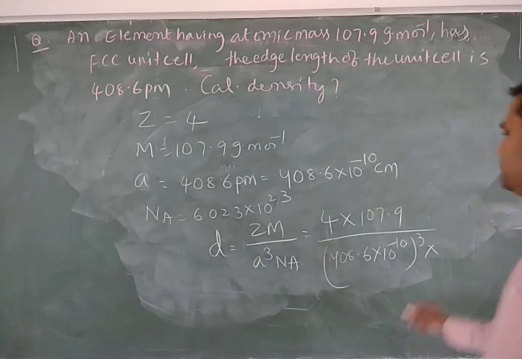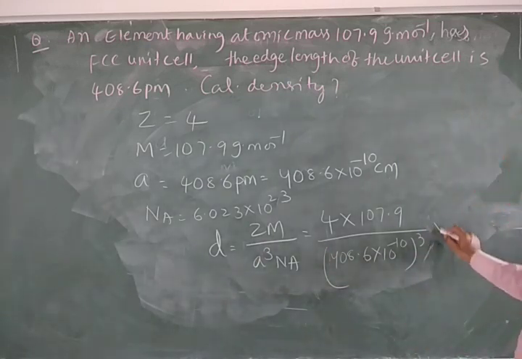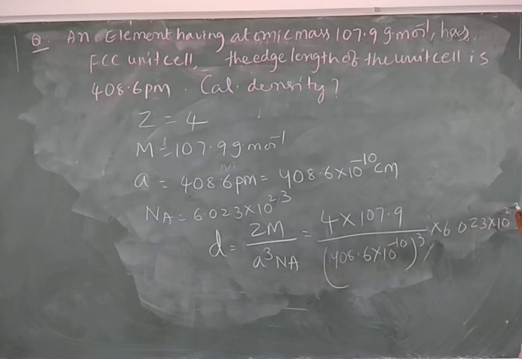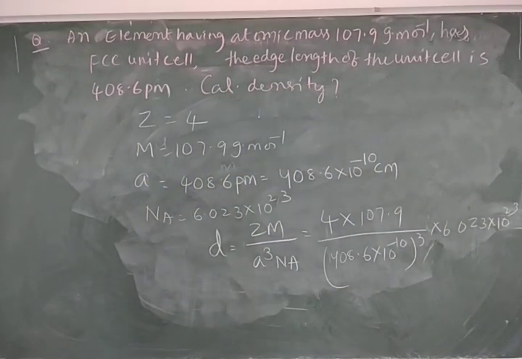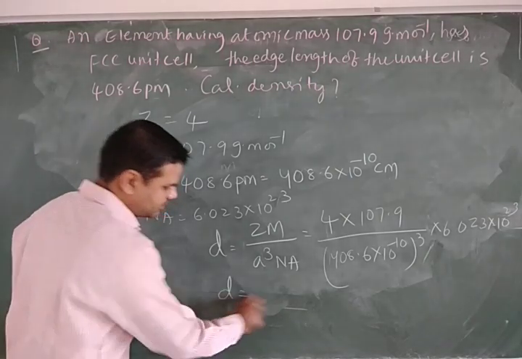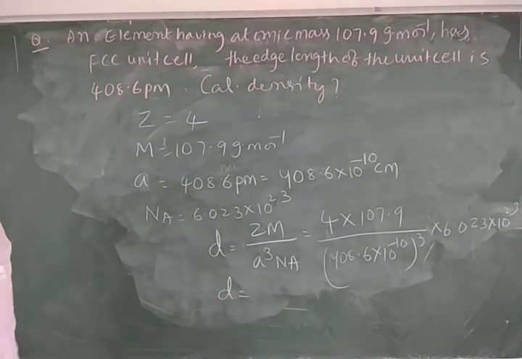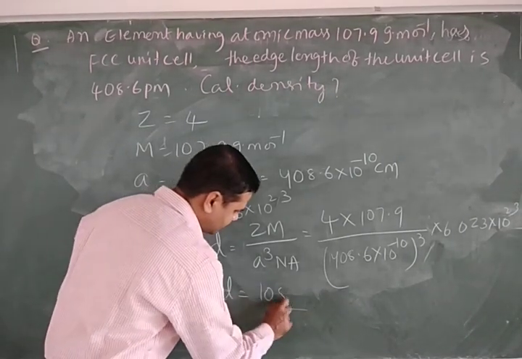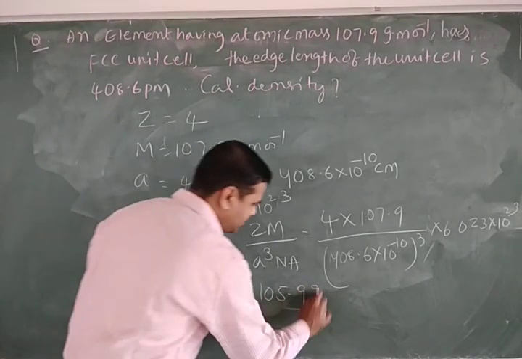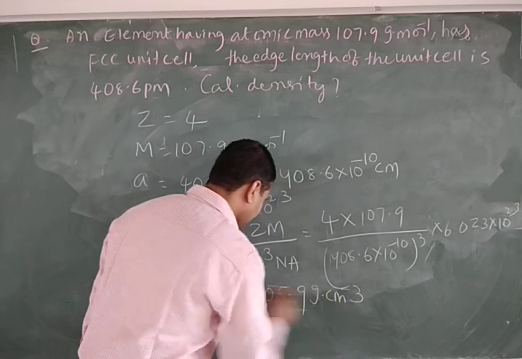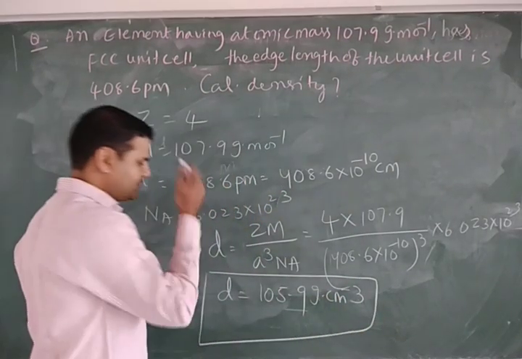And Na value is 6.023 into 10 power 23. Finally, if you do this calculation you get D equal to 105.9 gram per centimeter cube. This is the answer for this question.